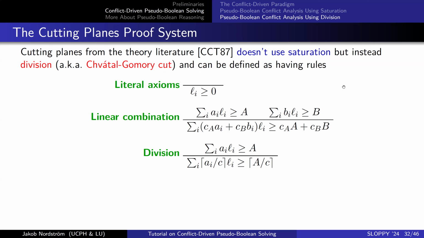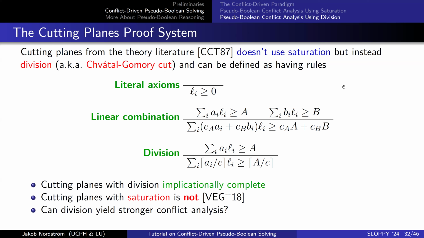You can divide. I've written the division rule slightly differently here. I'm no longer assuming that C is a common factor. You can just divide by C everywhere and then round up everywhere, and it's still going to be fine. And this is actually what is known as a Chvátal-Gomory cut. This is how cutting planes is defined in the theory literature.